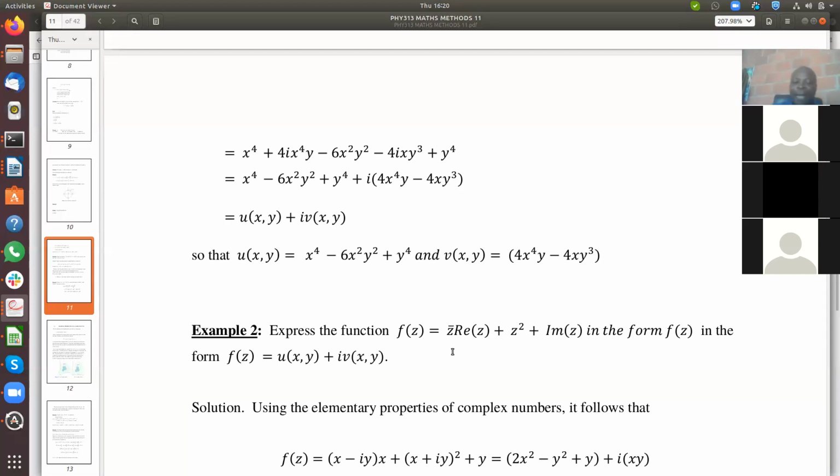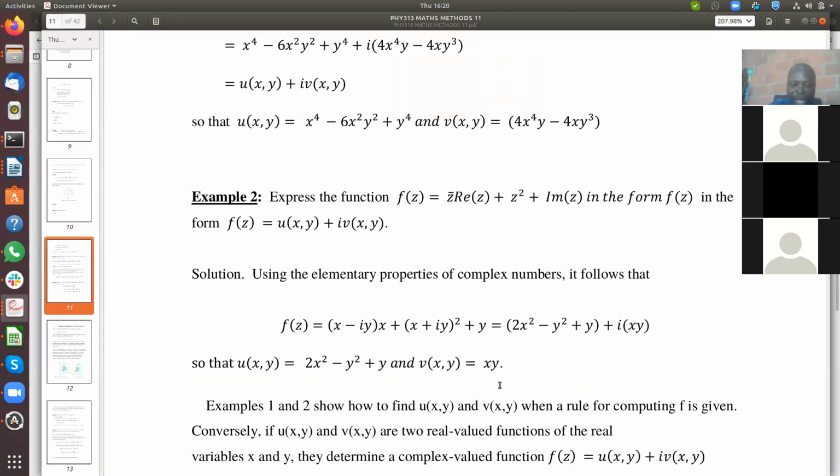Good. So by the time you put all this information together, you will arrive at the expression f of z is equal to x minus iy, multiplied by x. So this is the conjugate of z multiplied by the real part of z, then plus the square of z, then plus the imaginary part of z.